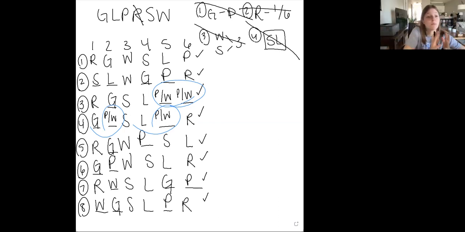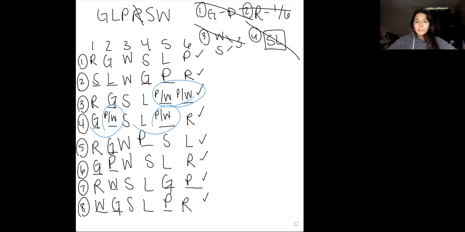Because when I think about where I can put G, P is going to be affected by it. If I put G in 1, P can go wherever. If I put G in 4, P is going to be on the end. It affects where P can go. Right. Yeah. I'm trying to think if I had anything else. No, I think it makes sense now.